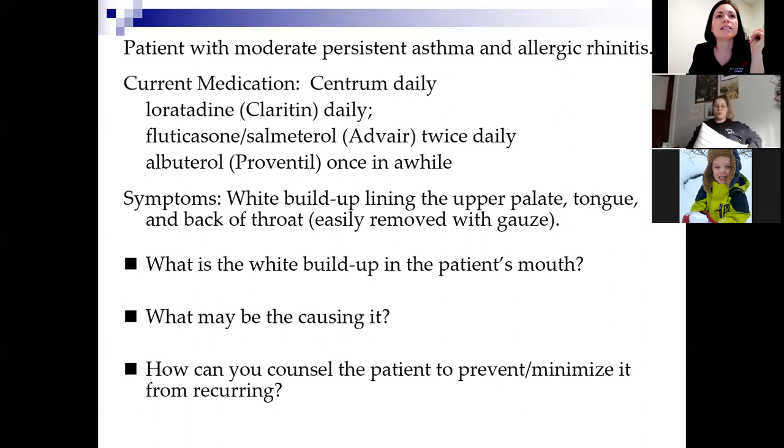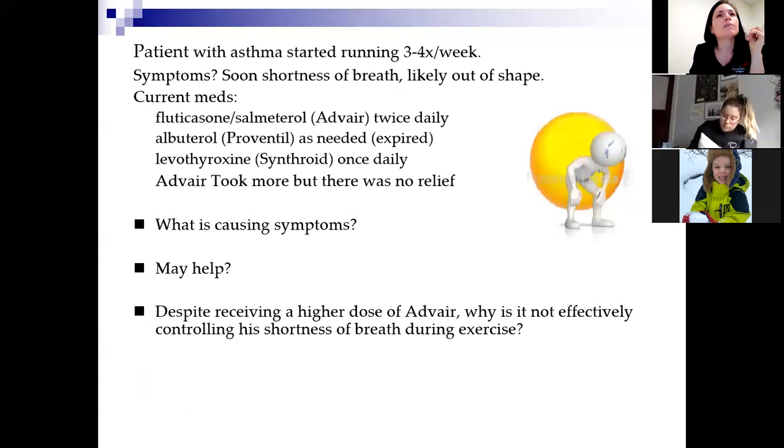Okay, so last slide. A patient with asthma started running 3 to 4 times a week. Symptoms soon, shortness of breath, likely out of shape. I'm not sure why that's a question.